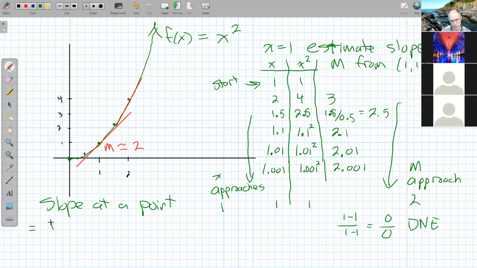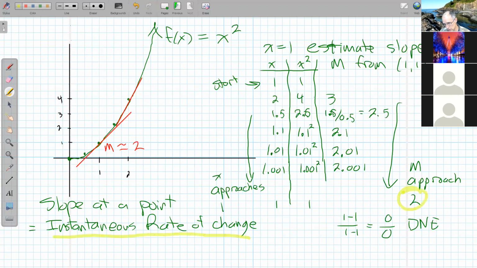And that means the same thing as an instantaneous rate of change as opposed to an average rate of change. So again, the instantaneous rate of change, I believe, is that 2 right there.